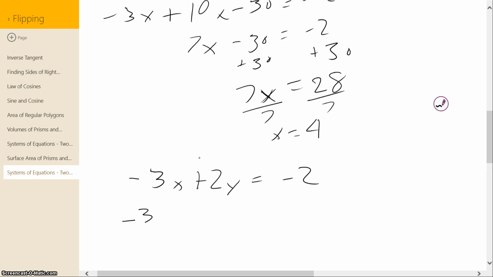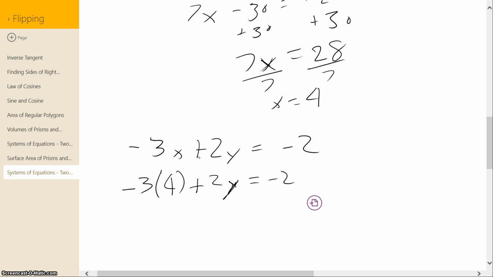I'm going to plug in the 4 for x. This is a y, I know it kind of looks like an x, and I'm solving here for y. Negative 12 plus 2y equals negative 2.